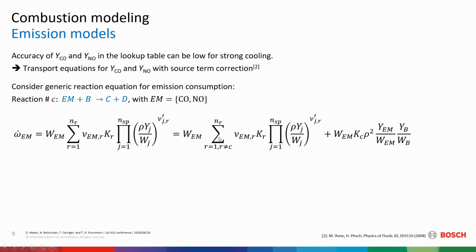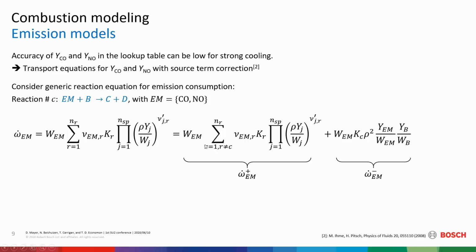So we get that this sum goes over all reactions, but not over reaction number C. For reaction number C, we get this expression here. We assume that the stoichiometric coefficients here and here are 1, and then we get this term, and we see that the mass fraction of the species that we want to correct is in this term here.